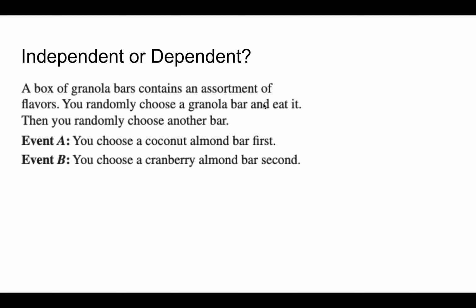You are not going to replace that eaten granola bar, so that means it's not available for the second choice. So the first event does affect how the second event goes, because depending on what type of bar you choose, that determines what's available for the next choice. So these are dependent for that reason. And it fits the tip I gave, which is that if there is no replacement, it's usually dependent.